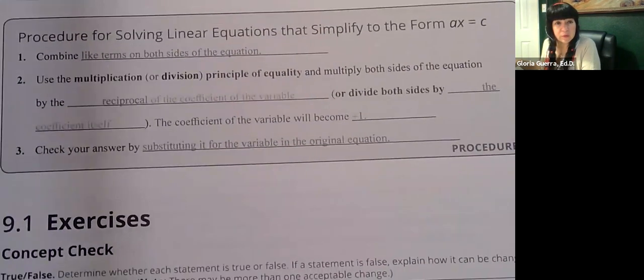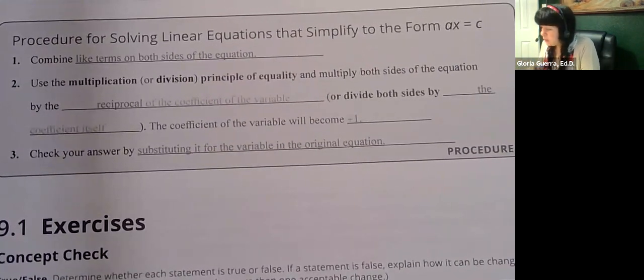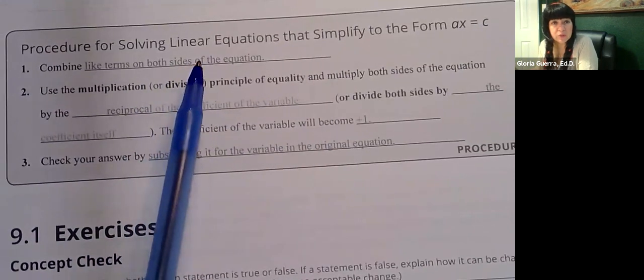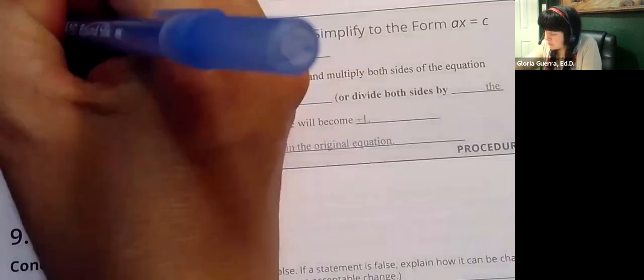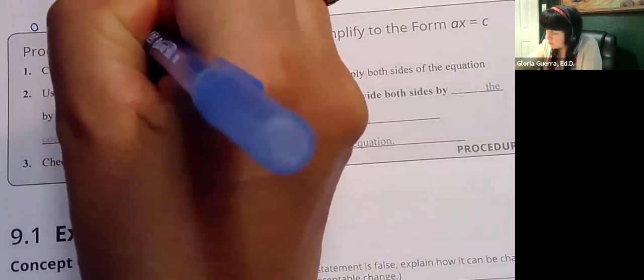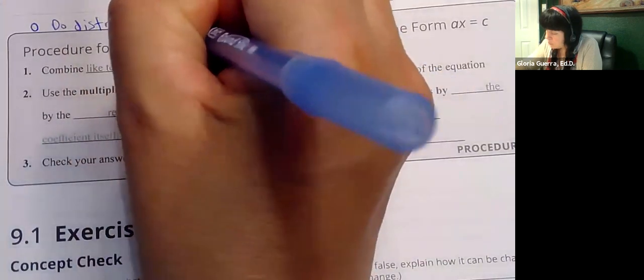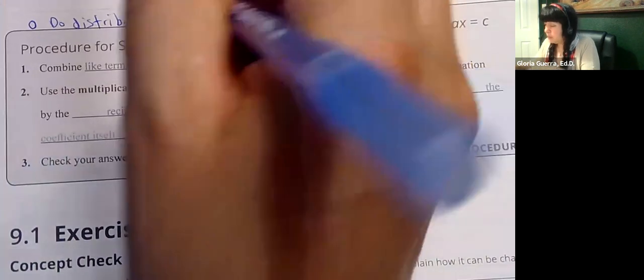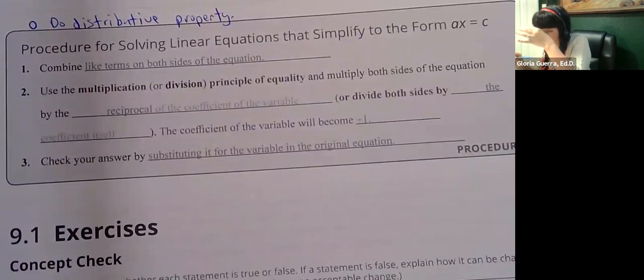Let's see. They look similar. I guess they're summarizing the steps: you would want to combine like terms on both sides of the equation. And of course, there's like a step 0, which would be to do any distributive property first, if you have that. That should go first. And then combine like terms on either side of the equation.